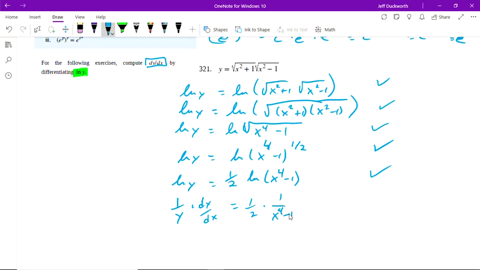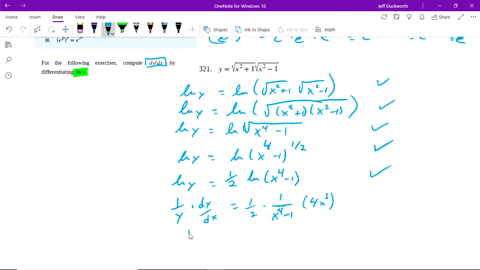And then we need the chain rule for this, right? So in order to do the chain rule, we multiply by the derivative of what's inside that natural log. So the derivative of that is 4x cubed, and then derivative of -1 is just 0. So that's what we have there.